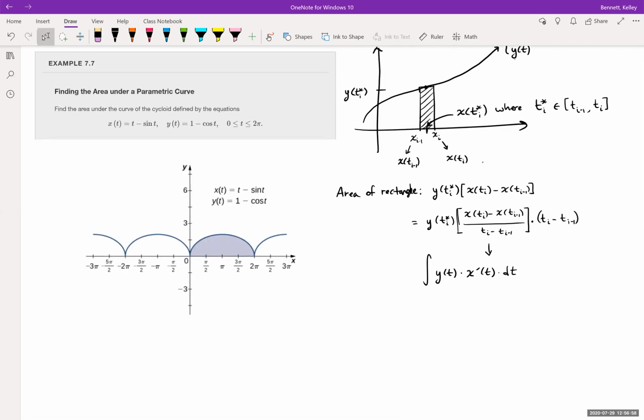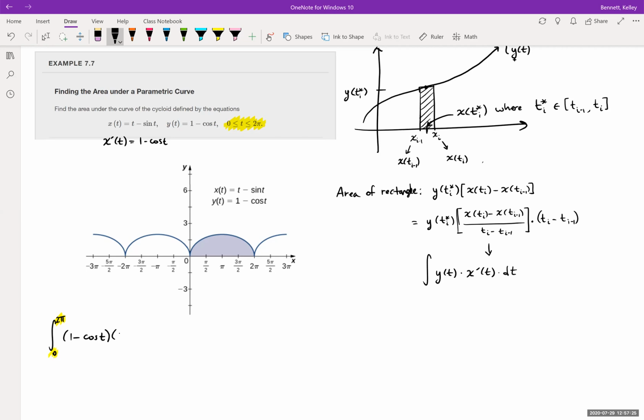In order to do that, I'm going to set up my integral. I'm going to go from 0 to 2 pi, because that's what's given here. Then I have y of t, which was just 1 minus cosine of t, and then I need x prime of t, which is 1 minus cosine of t.